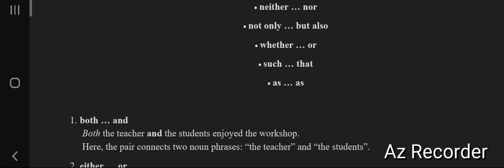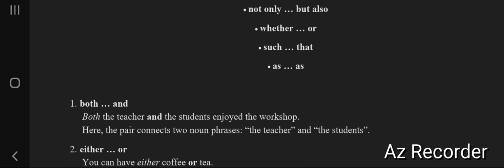Some of the most common correlative conjunction pairs in English are both...and, either...or, neither...nor, not only...but also, whether...or, such...that, as...as. Let's look at examples.